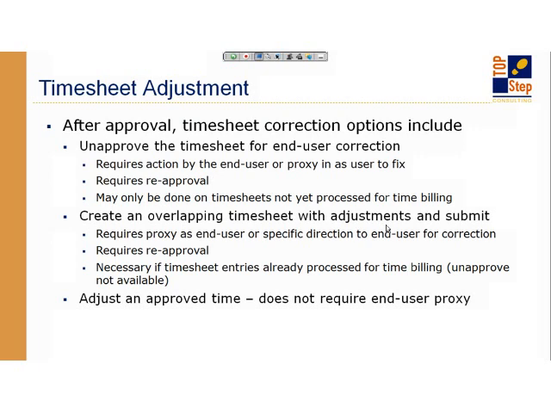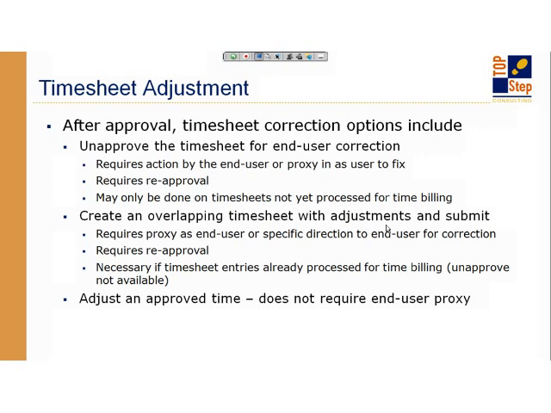Or they would say, okay, go ahead and create a duplicate timesheet for the same week. You'd either proxy as the person or have the person do it where they would add negative hours and positive hours to fix the timesheet like they were supposed to, then resubmit it. And so the person would have 2 timesheets, but one would be a correction timesheet. Okay?